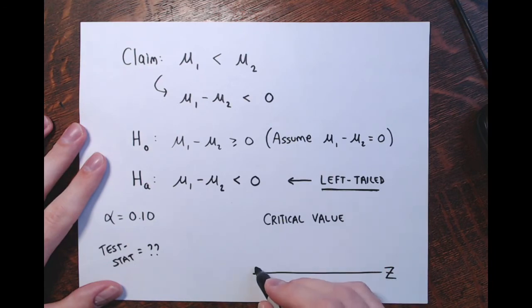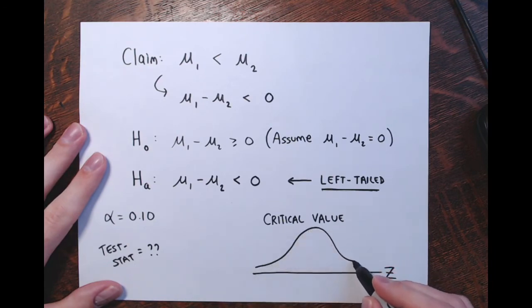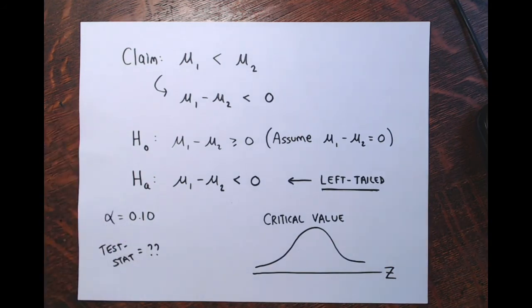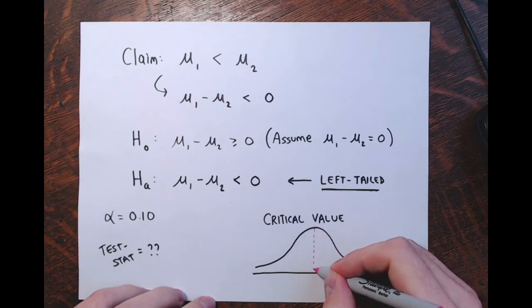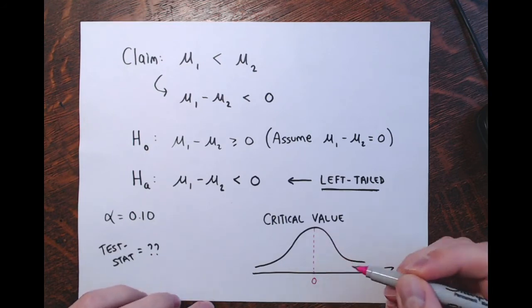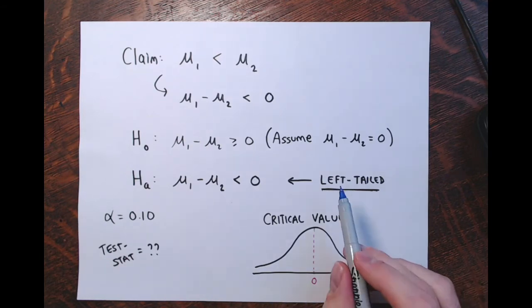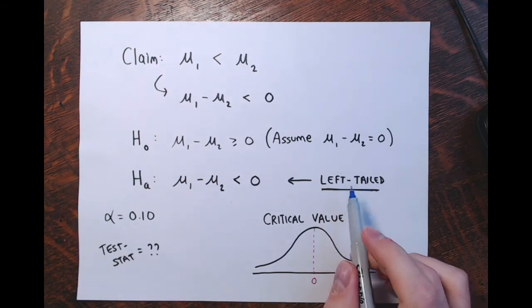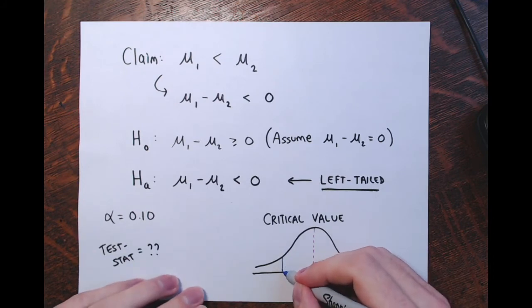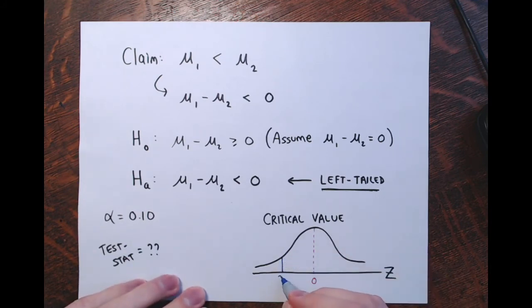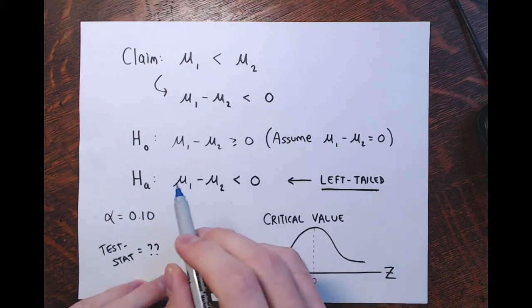And the z distribution, the standard normal, looked like this, right? It was a symmetrical bell-shaped curve, and the z-score underneath the peak was a z-score of 0. And what we are looking for, this is a left-tailed test. We're looking for a value. All right, I'll put question marks here. We're looking for what z-score has an area to the left of 10%.